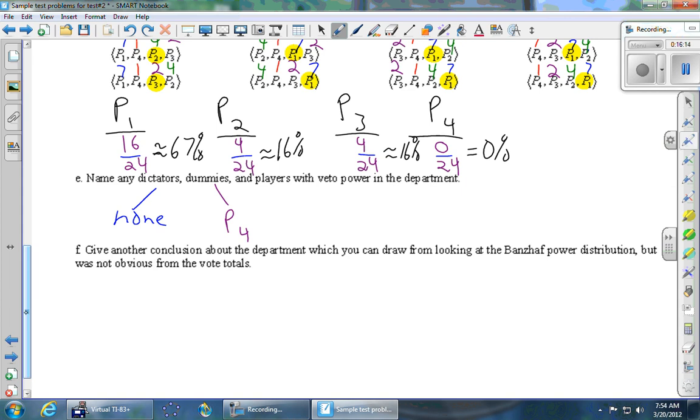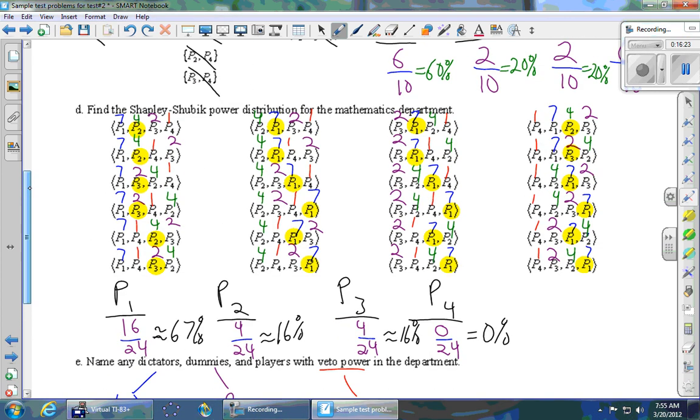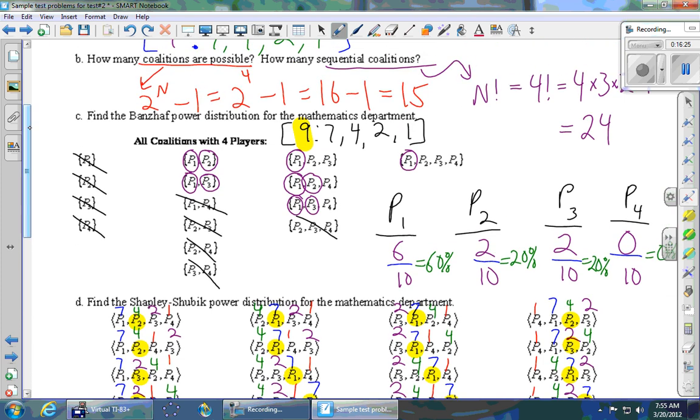And any player with veto power, so here we're looking for somebody that is in every single winning coalition. Somebody who has the possibility to stop the thing from passing single-handedly. And so if you take a look at our list of all the winning coalitions, there actually is somebody who's in every single one of these winning coalitions, and that's player 1.